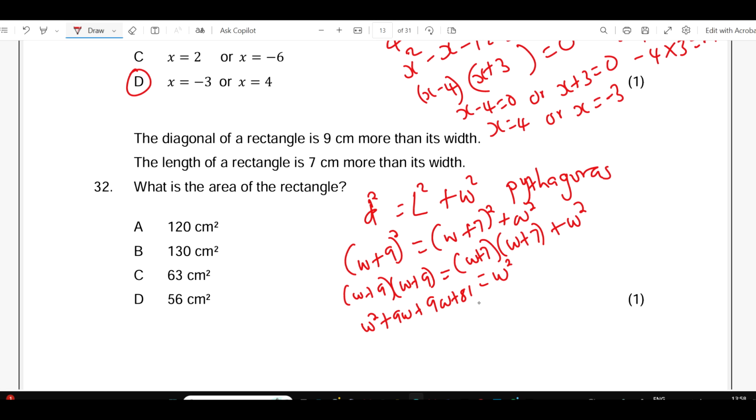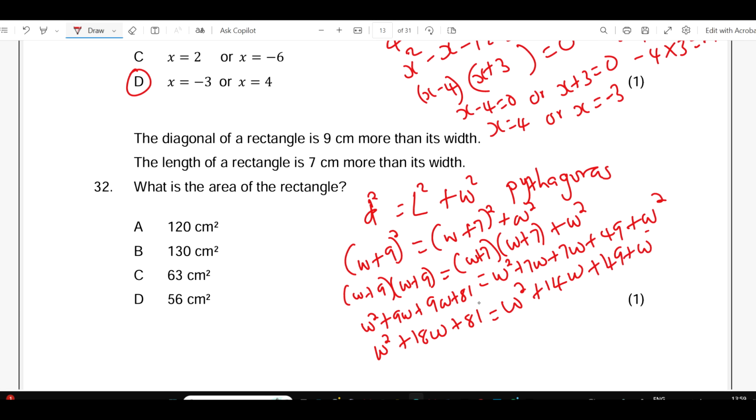This one times this one: plus 7w, 7 times w again is going to be 7w, 7 times 7 is going to be 49, plus w squared. So w squared plus 18w, 9w plus 9w, plus 81 equals to w squared, 7w plus 7w is 14w, plus 49, plus w squared.